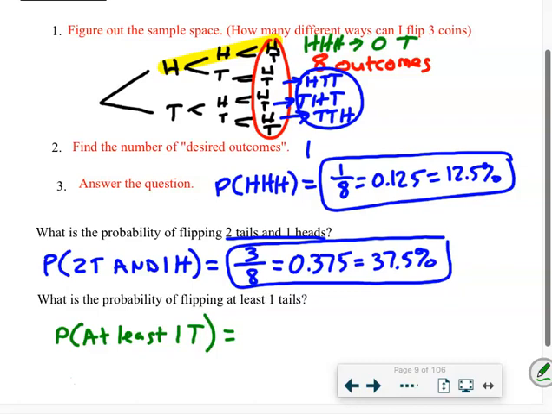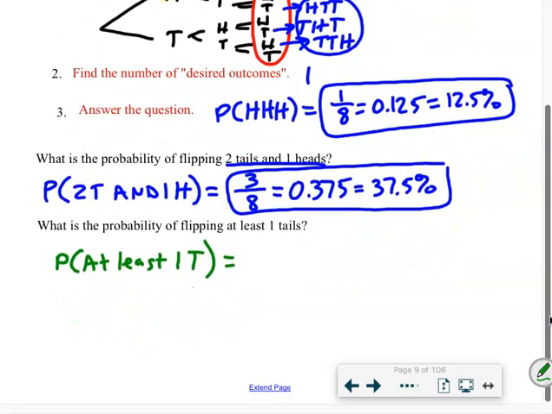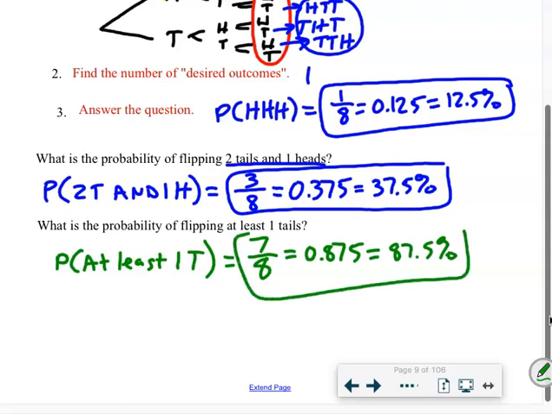So if I know that there's 8 outcomes and there's only one way to not get at least 1 tails, that means there are 7 ways that you can have tails. Okay, so that's 7/8, which is 0.875, which is 87.5%.